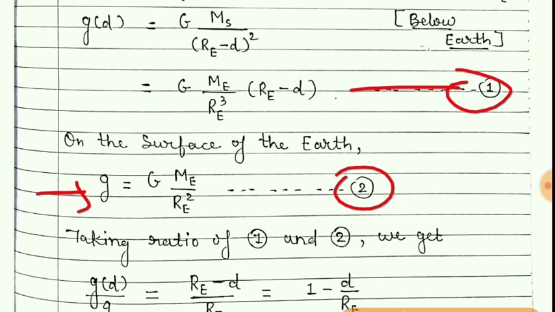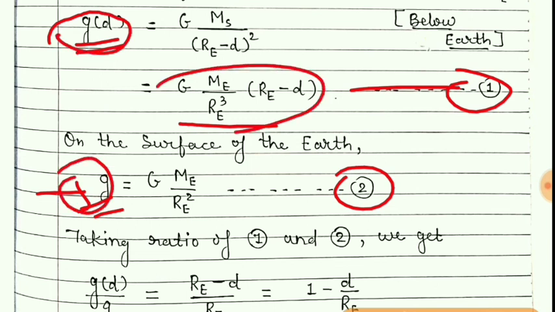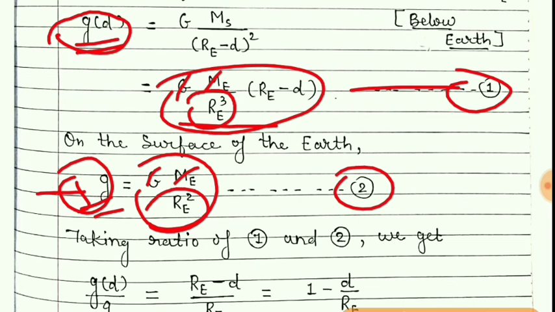So on the left-hand side we'll take g_d upon g, and on the right-hand side this upon this. So what is common here? G will cancel, M_e will cancel, and here it is R_e cubed, and here it is R_e squared.